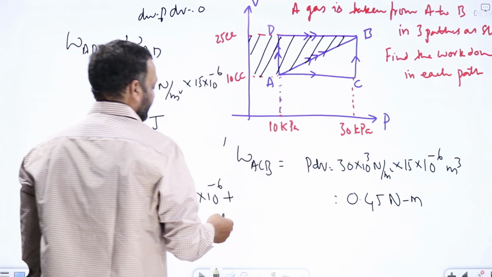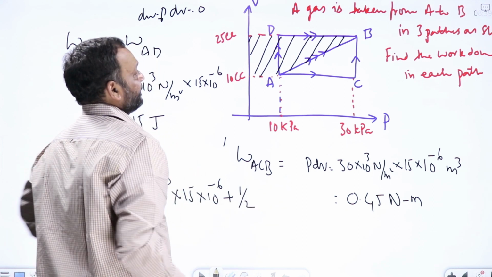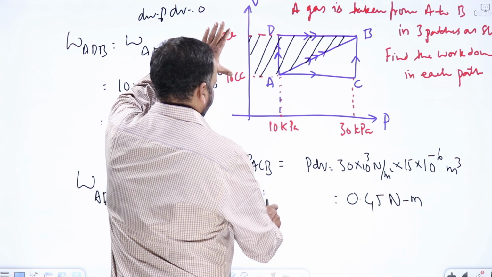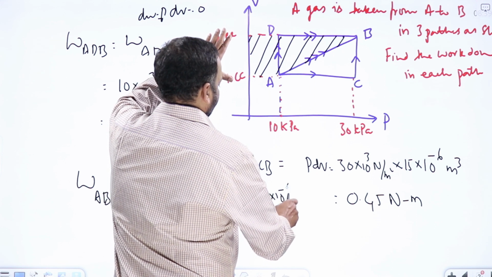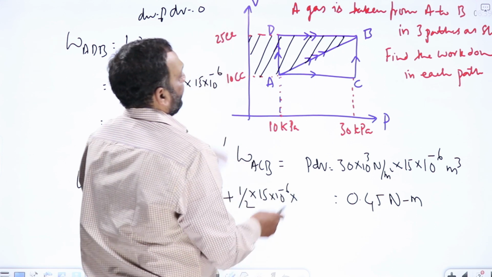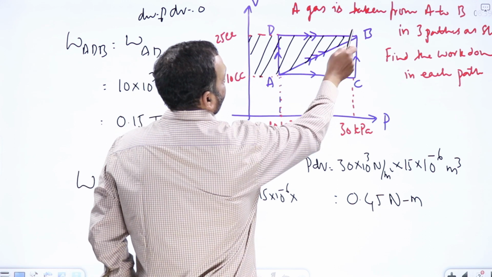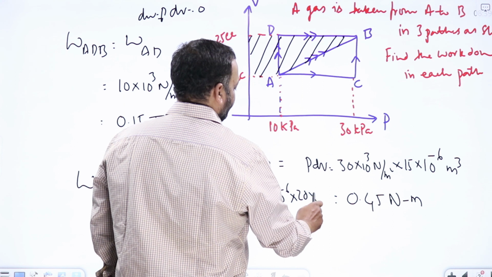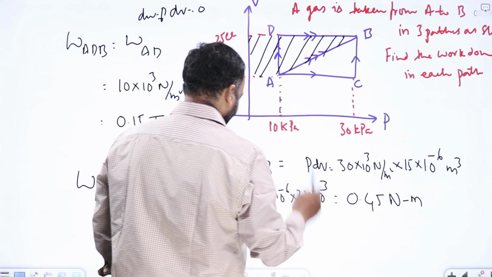Area of this triangle is half base into height. Half into base, which is 15 cc, again 15 into 10 to the power minus 6, into the height of the triangle, which is from here to here, that is 30 minus 10, 20 kilopascal, 20 into 10 to the power 3.